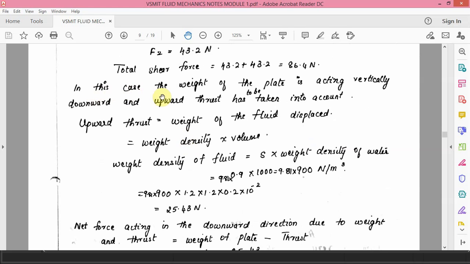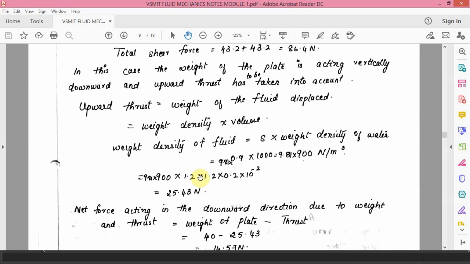Therefore, in this case, the weight of the plate is acting vertically downward and upward thrust has to be taken into account. So, as the weight is acting downward, we also must take the upward thrust. Upward thrust is equal to weight of the fluid displaced, that is weight density into volume.